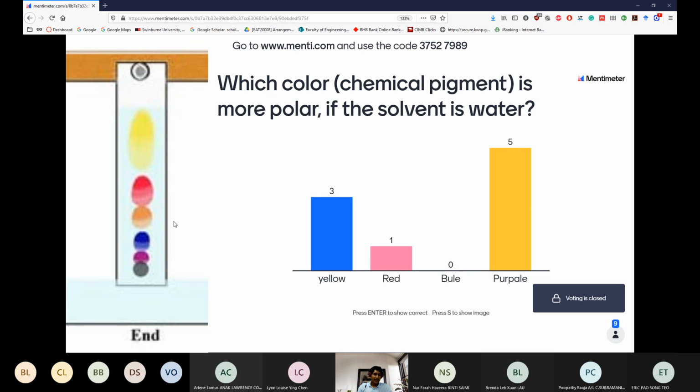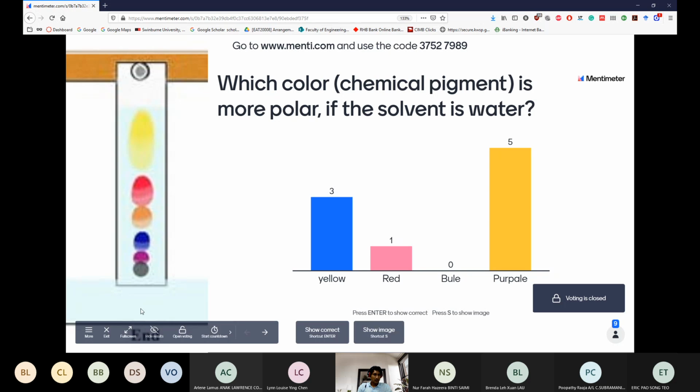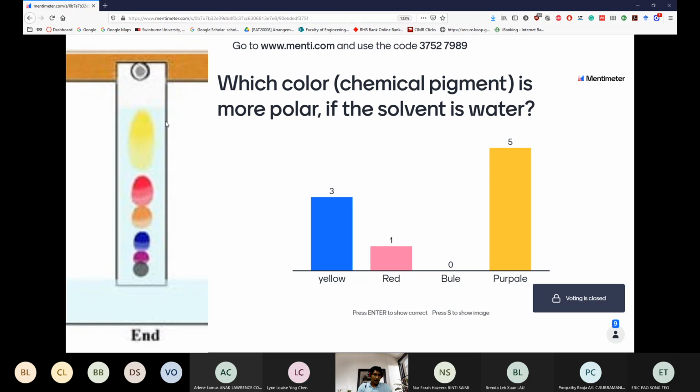Now, like dissolves like, right? So the yellow color moves up further with the water. It goes along well with the water. That is why it has traveled. Let's say this is the start.